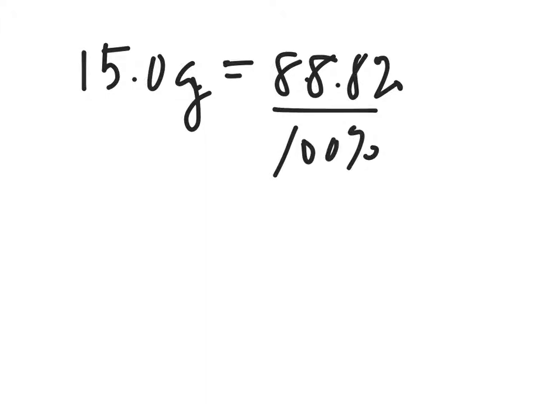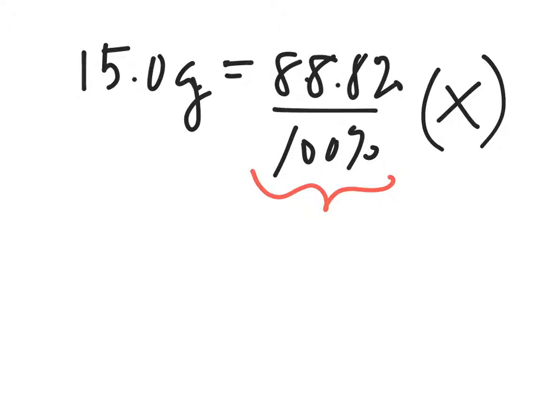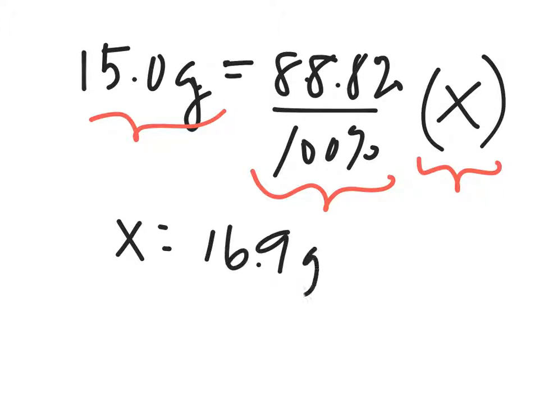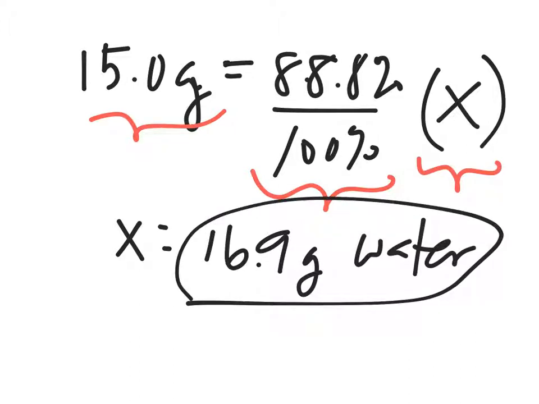That's going to be our ratio, times some amount, right? So this is the fraction of the total is equal to 15 grams. So if you solve that equation for x, you should get x equals 16.9 grams of water is how much water you have to have so that you have 15 grams of oxygen present.